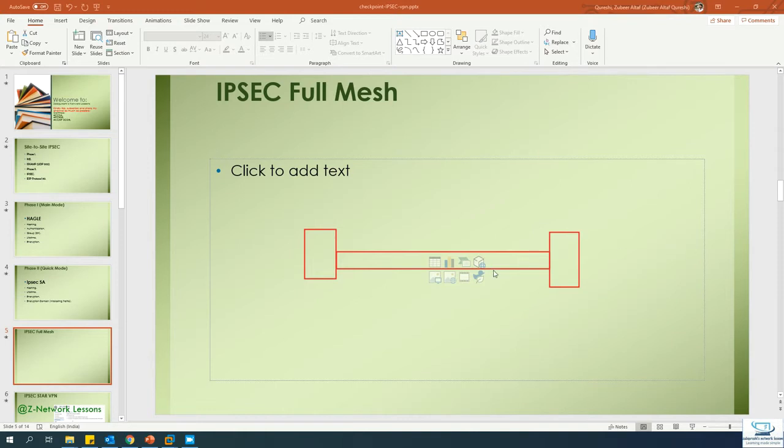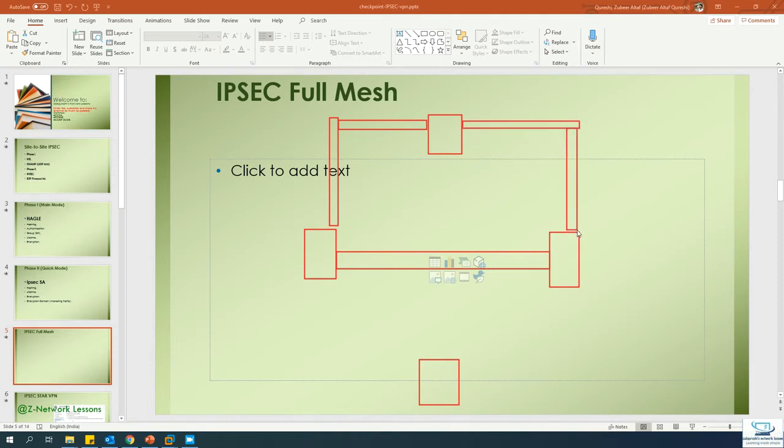Now you have full mesh. In full mesh, you have multiple sites, multiple branches. You build a tunnel from this one to this one, then again a tunnel from here to here, and again a tunnel from this branch to this branch.